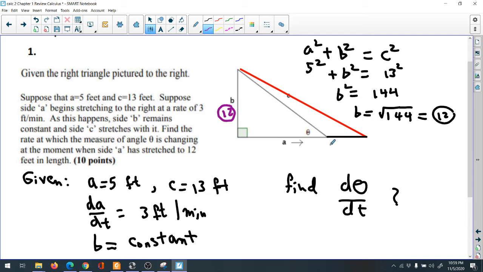Now we're going to come to the derivative. We select a ratio that relates A with the constant side B and angle theta. The tangent of angle theta equals B over A, right? So let's start from that.